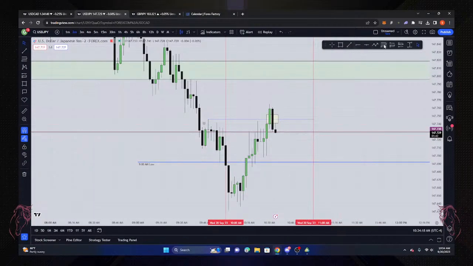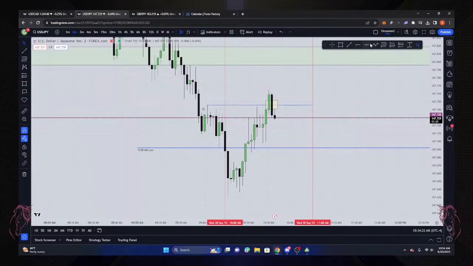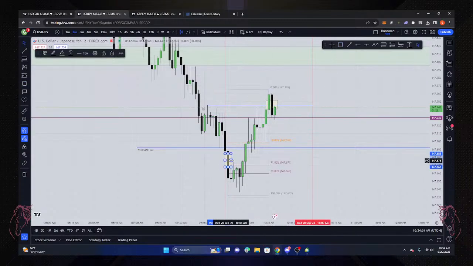We just wait and see. But also, if we measure our fib from this low to this high, optimal trade entry within this inverse fair value gap, as well as this order block right here.